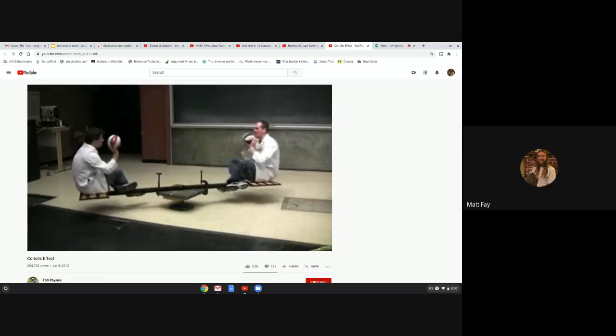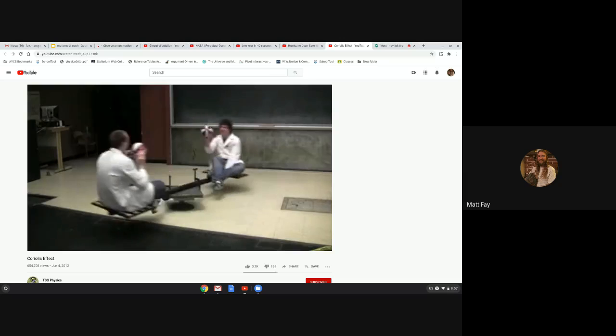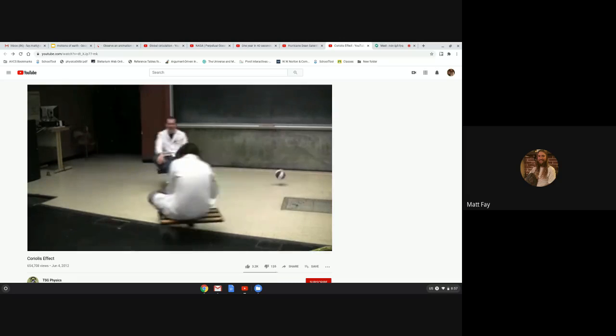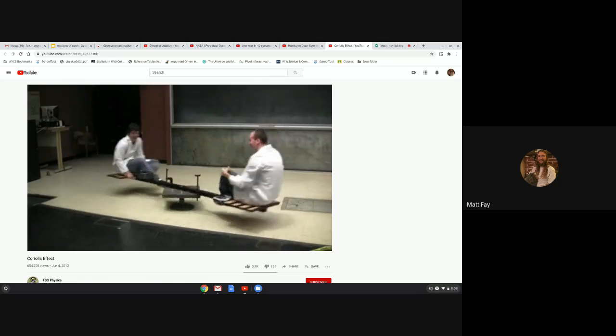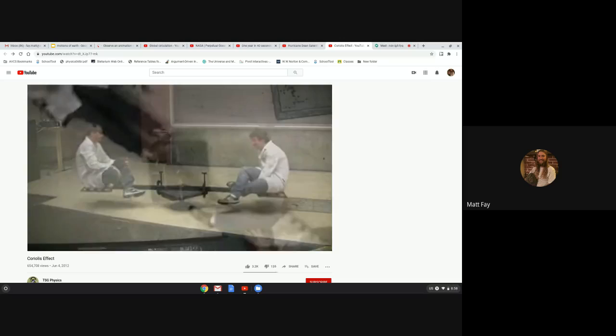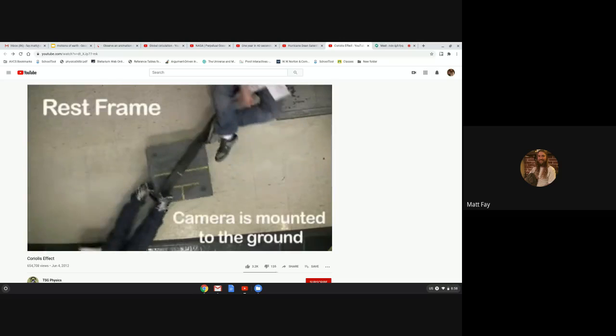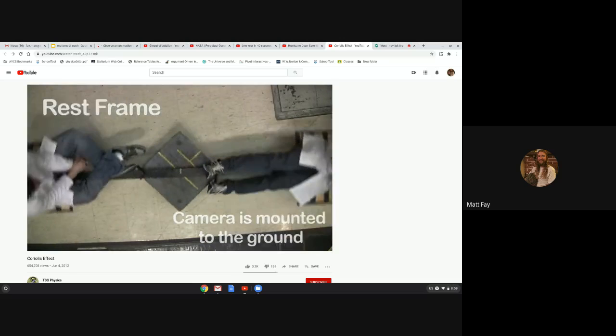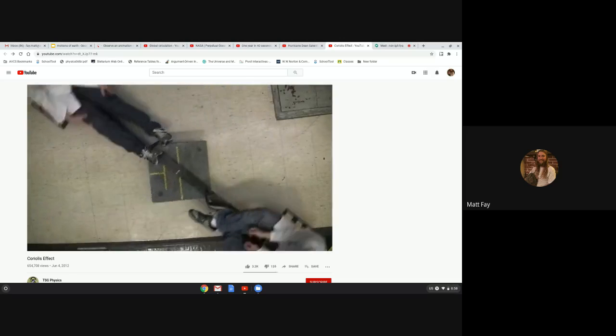The path gets curved. What really happens is that the path looks curved because the people underneath it are spinning. And this is referred to as the Coriolis effect.